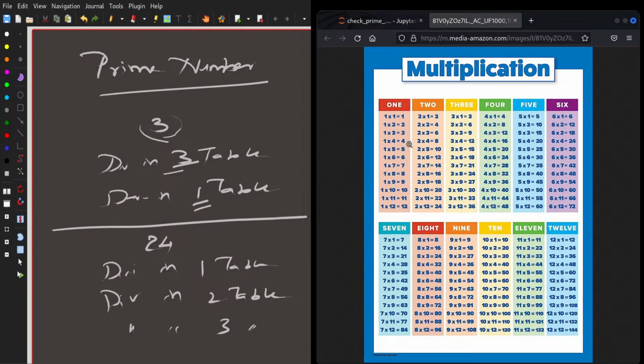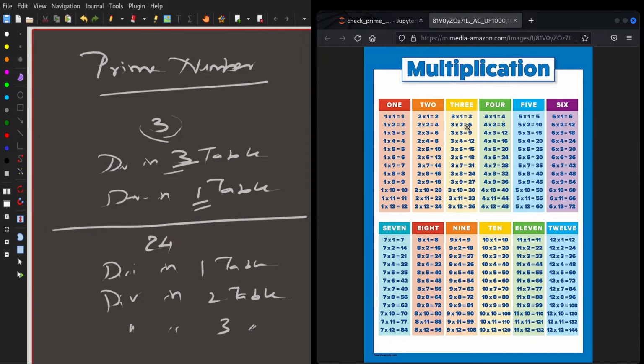Those numbers which only go to the 1 table and to their own table are called prime numbers. If it is divisible by any other table, then that is not a prime number. It should be divisible only by itself and 1.